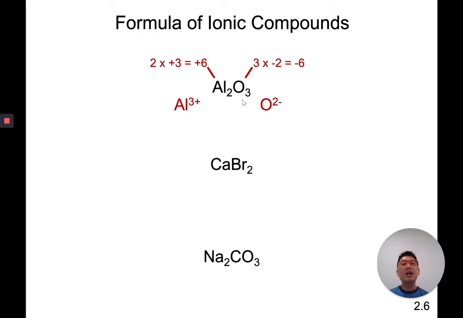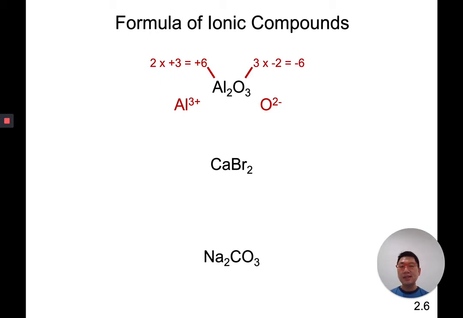Each oxygen is a minus 2 charge, and I have 3 of them, so 3 negative 2s is a total of negative 6. The total charge adds up to 0. The formula of aluminum oxide is Al2O3. So not AlO, otherwise aluminum being positive 3 and oxygen being negative 2 would not add up to 0.